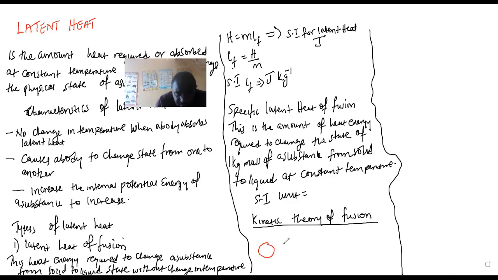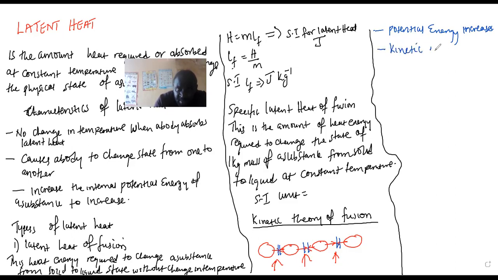If you have these molecules, which were initially at fixed positions because of the intermolecular forces of attraction, when the heat, which is latent heat, comes and breaks away these intermolecular forces of attraction, what is going to happen is their potential energy increases because of the positions changed, whereas their kinetic energy remains constant.